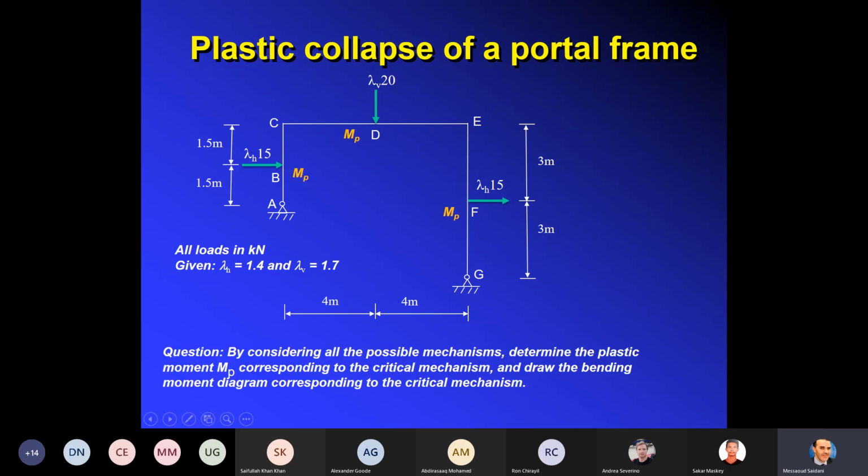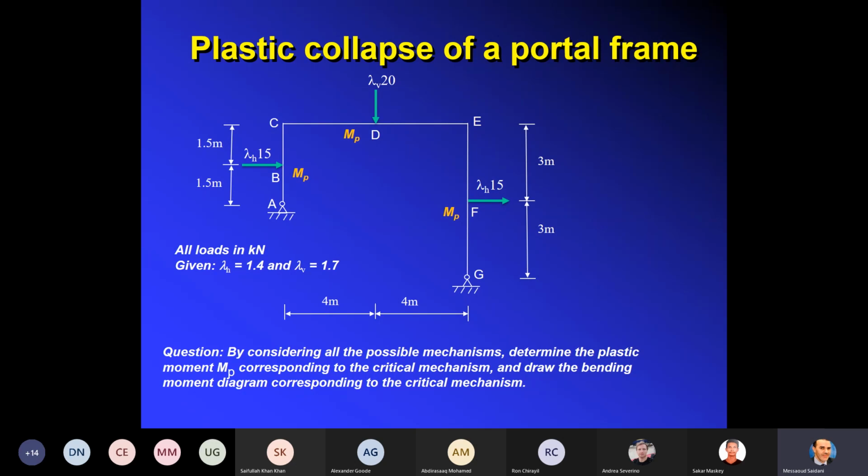What we need to do, by considering all the possible collapse mechanisms, is determine the plastic moment MP corresponding to the critical mechanism, and then draw the bending moment diagram for that mechanism.